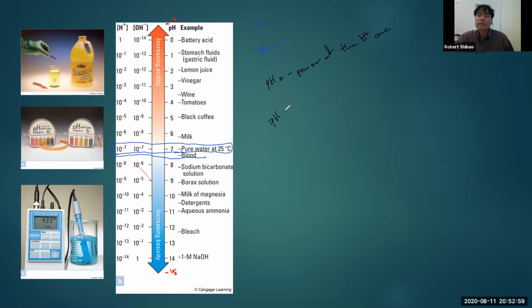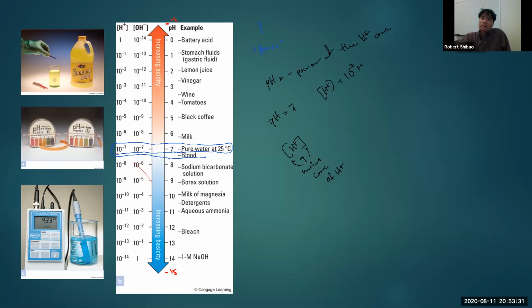So when we have a pH 7, what that means is the H plus concentration, where these square brackets mean a molar concentration, molar concentration of H plus, is 10 to the negative 7 molar.